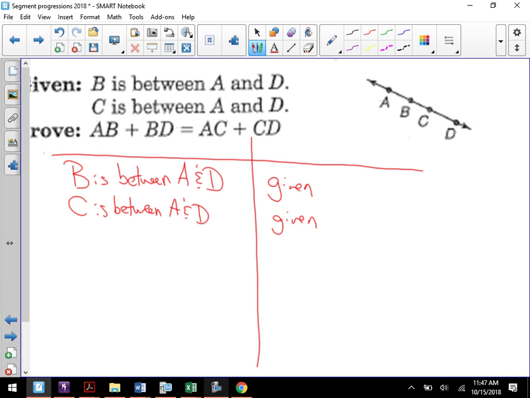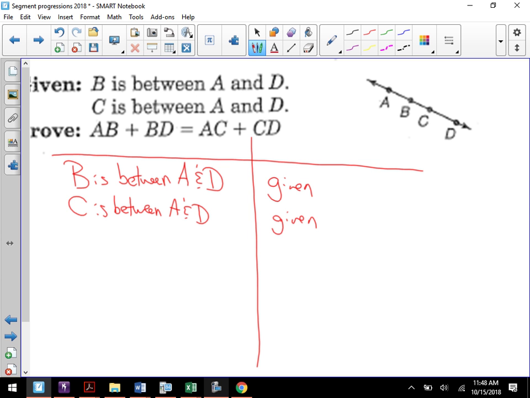The reason we do that is eventually when we get three or four different given statements, you don't accidentally skip something out of the progression. Here, there's really nothing you can do; all this is telling you is that all the points are on the same line. That's all that means. All right?